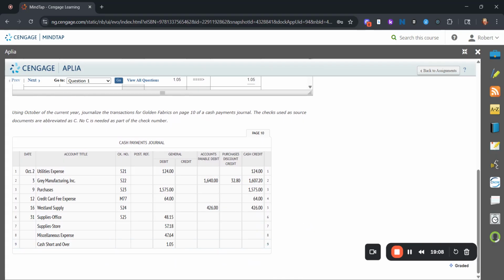So now to get the total amount that the check was written for, we just need to add those items up. So $48.15 plus $57.18 plus $47.64 plus $1.05 is $154.02 for our cash credit entry.